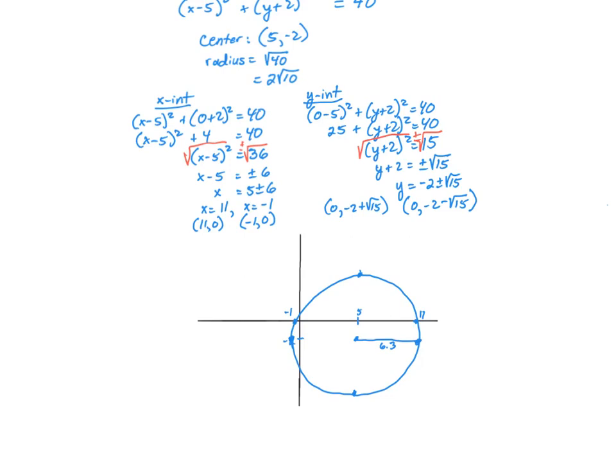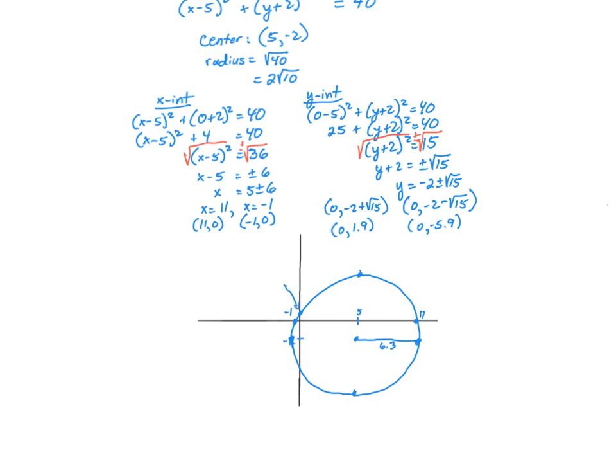Now let's look at our y-intercepts. If you punch in -2 plus the square root of 15 on your calculator, you'll get about 1.9. Similarly, if you punch in -2 minus the square root of 15, you'll get about -5.9. Let's see how I did here on my rough sketch. So this point right here is supposed to be at 1.9.